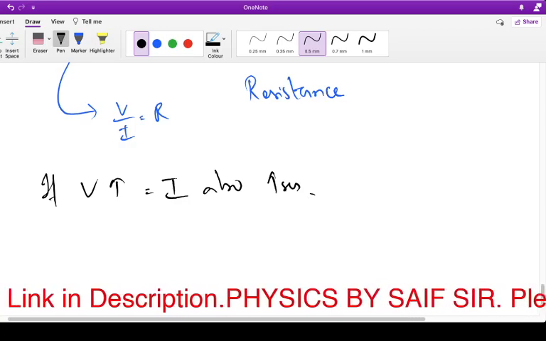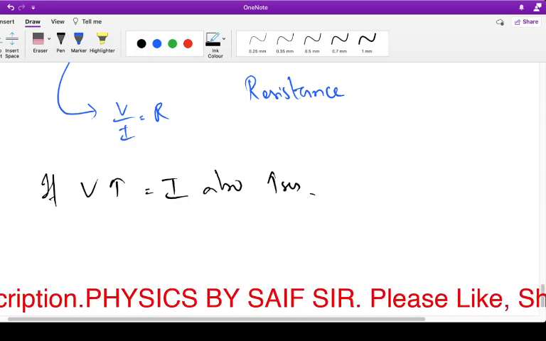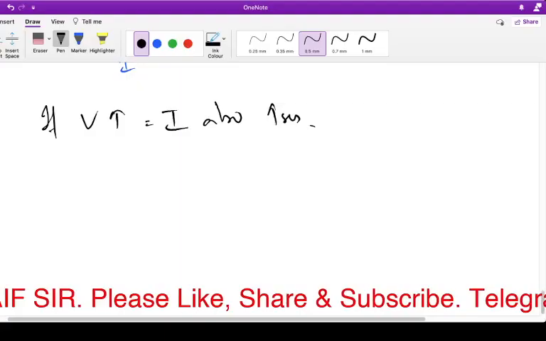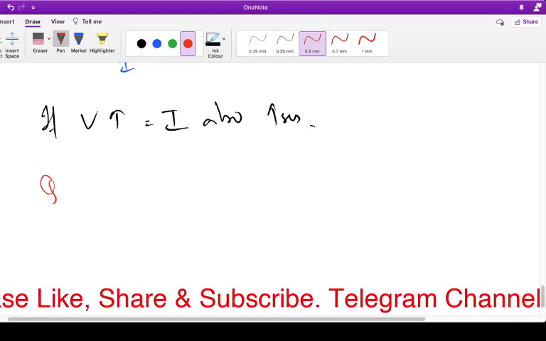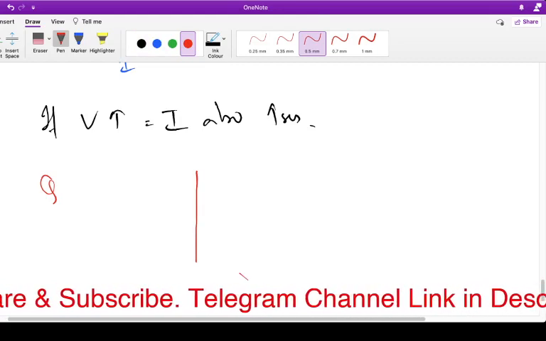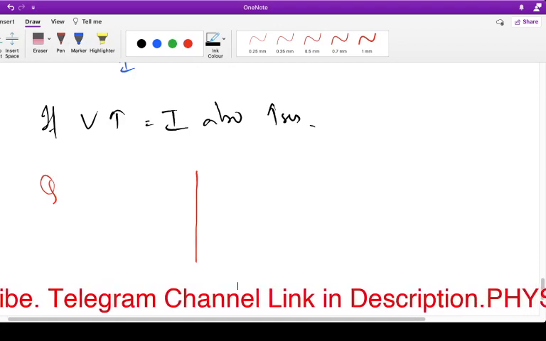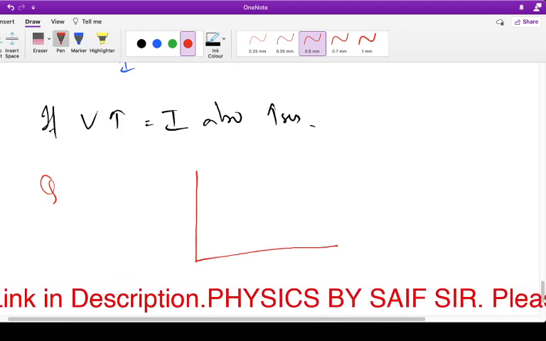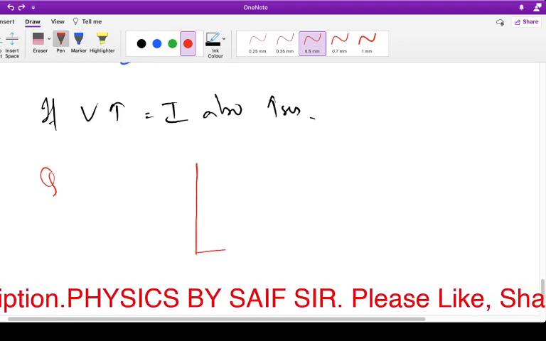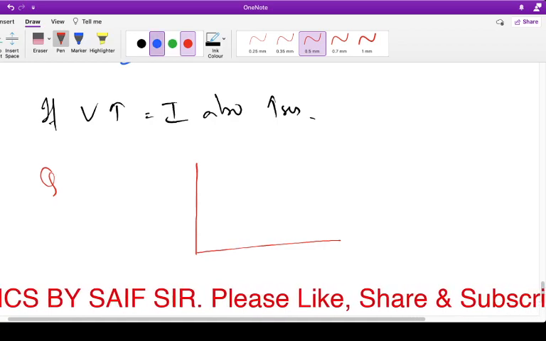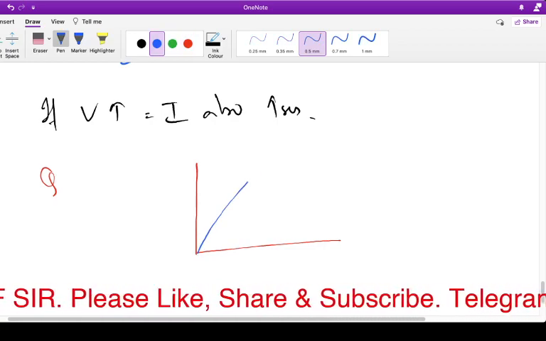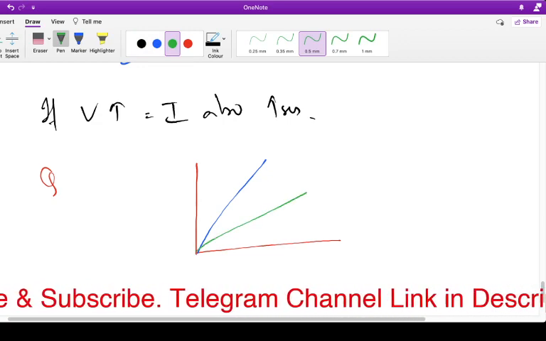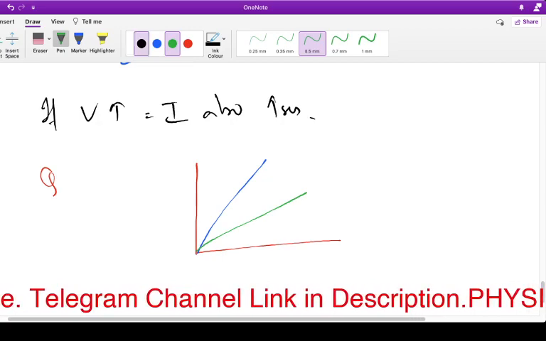Now we will see two problems. Based on the graph diagram, we will find the resistance. If a question is given like this, a graph is given here.